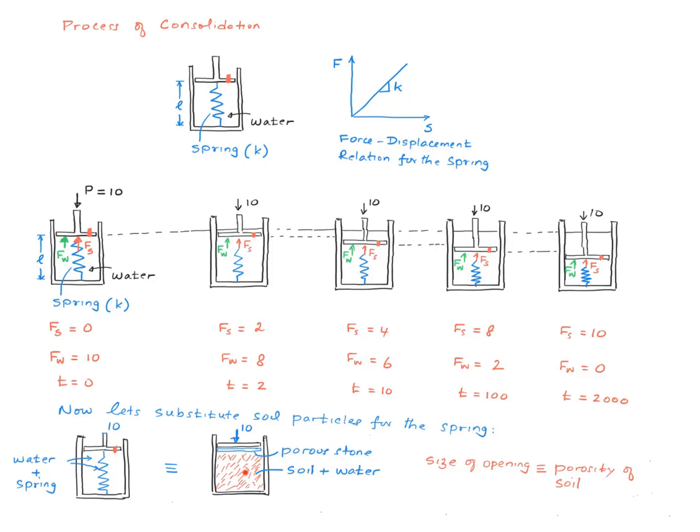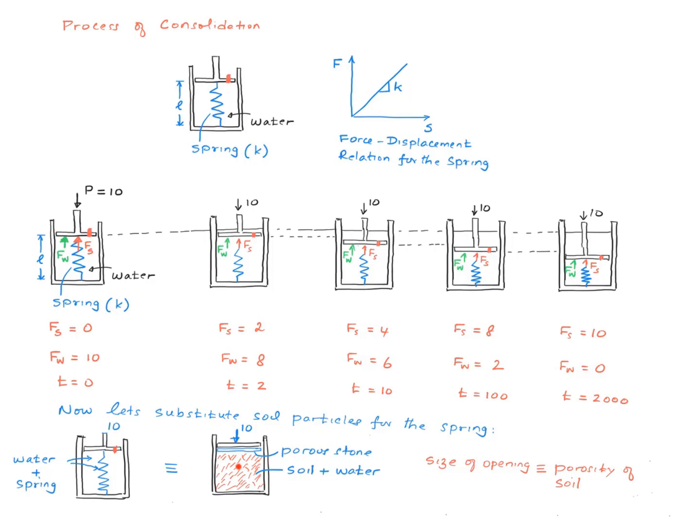So as the water seeps out of the soil, the piston keeps coming down. So initially, the water in the soil actually carries the entire applied load of 10 units. And then gradually, as the water comes out, the solid particles begin to carry some of the load.